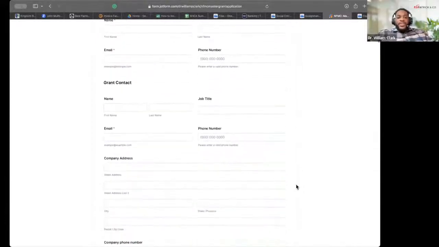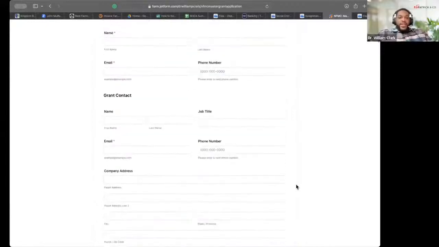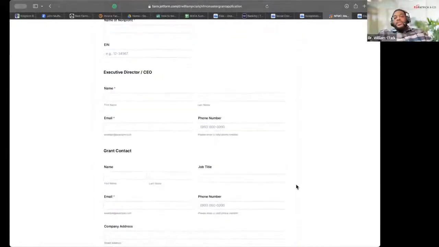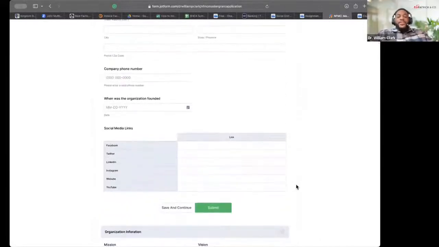The first section you see here is all about the basic information about the organization, right? So key contact, primarily your CEO or the director of development, or someone of that ilk, is entered here. There are funders who do want to see your social media handles, if you have any, so that they can evaluate what you're posting.